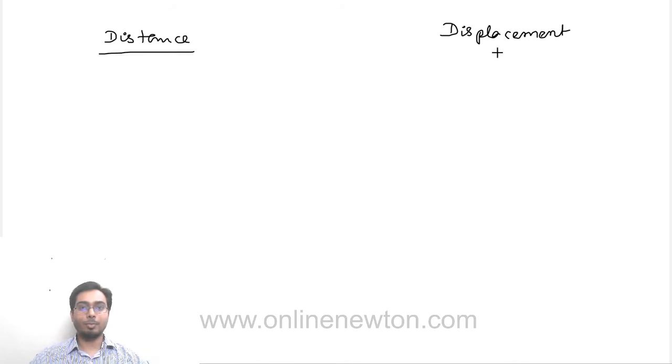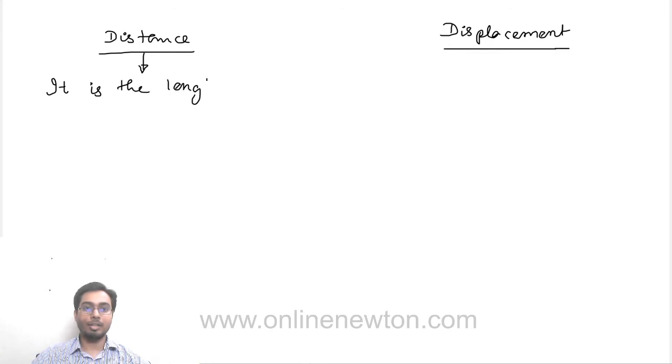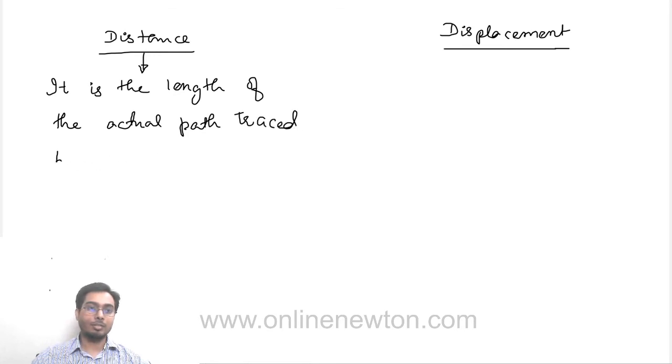So distance and displacement. Many times students get confused about what the difference is. So let us discuss them one by one, side by side. Distance is defined as the length of the actual path traced by a moving body.